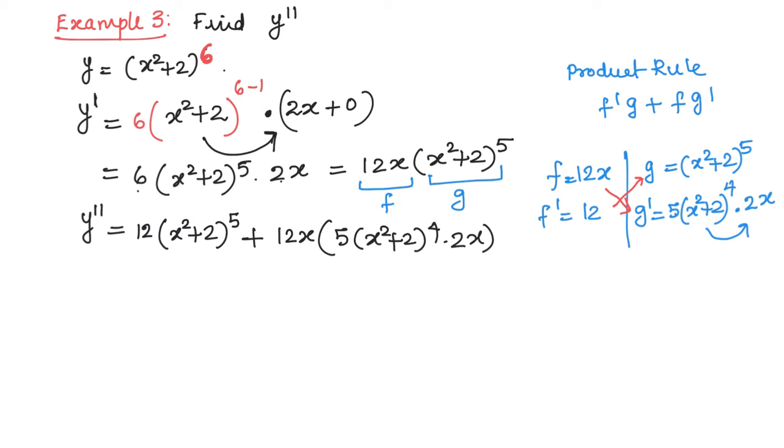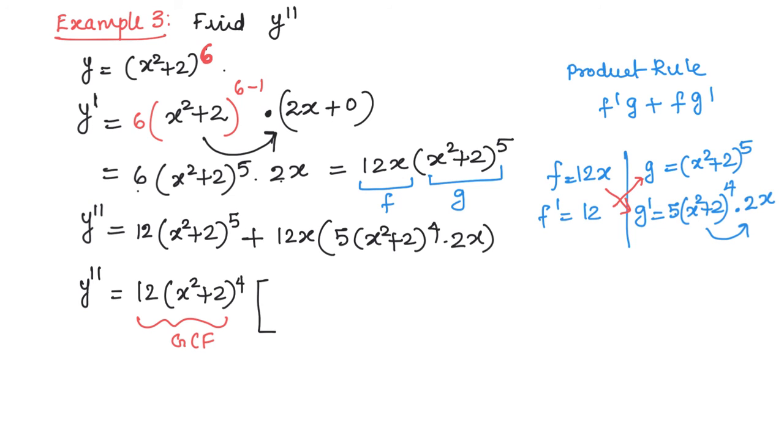Now we can simplify this by factoring out the GCF. So 12 is the common factor. Both have x square plus 2 as a factor. So take the one with the lowest exponent. So this is the GCF. Now divide each term by the GCF. So if you divide the first term by the GCF, you will be left with only x square plus 2, because 5 minus 4, that is 1.